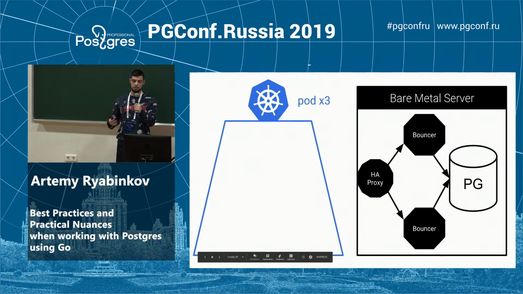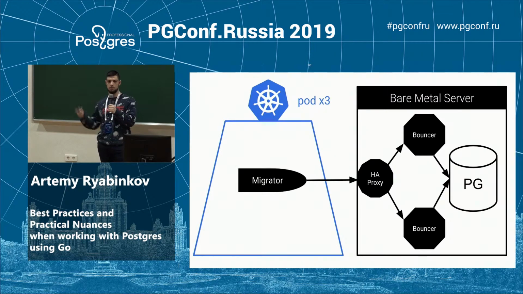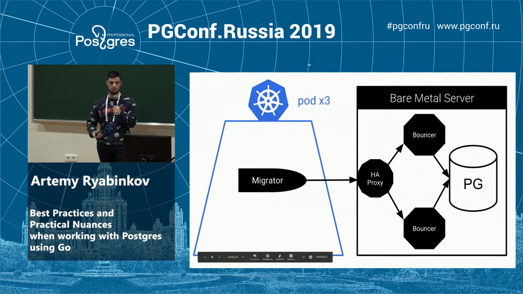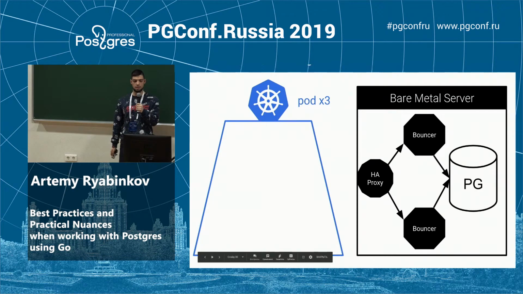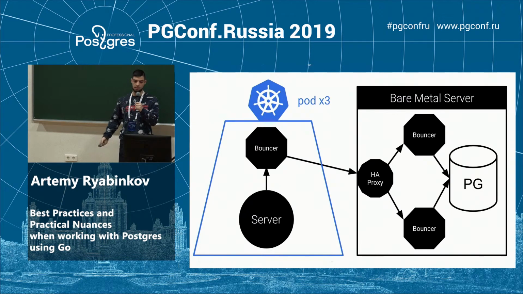Every service deploys pods, and 3 pods are deployed by Kubernetes, and when a pod is deployed, we create a container known as migrator. This container is enabled before pod starts functioning. Migrator connects server bouncer. It finishes migration, and after it finished successfully, we launch our services.